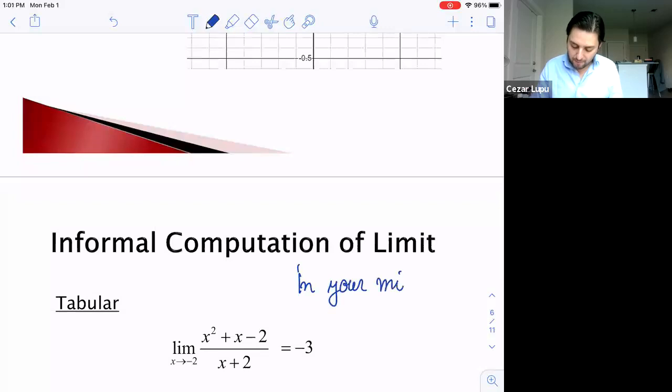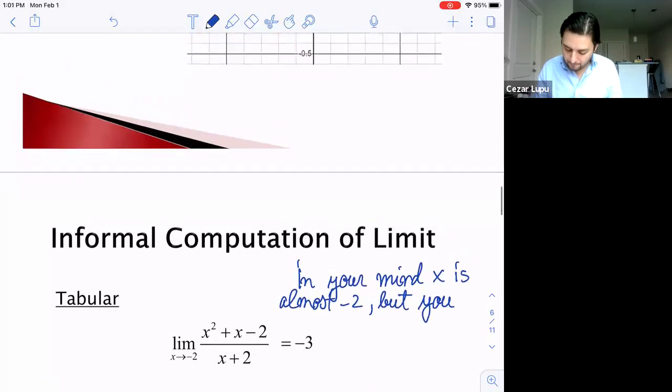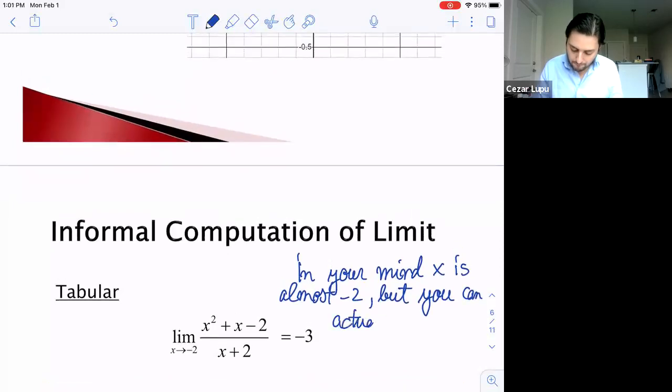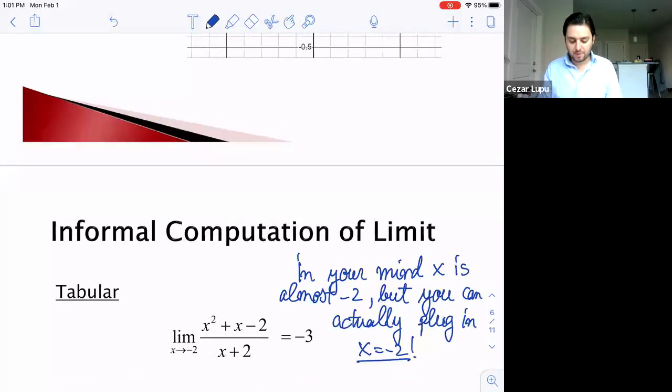In your mind, x is almost -2, but you can actually plug in x equals -2. So you can do that. But in your mind x is almost -2. So if we plug in x equals -2, what do we get?